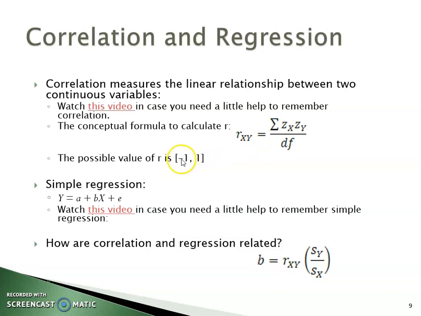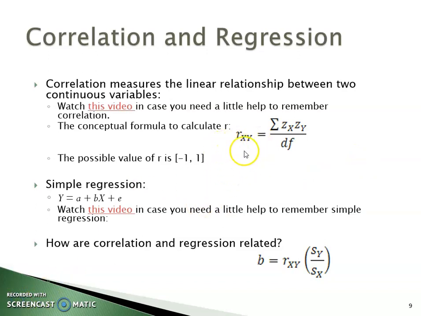It could be a negative relationship or positive relationship. It's the absolute value of the correlation value that shows you the strength of the relationship. The closer the correlation is to either -1 or +1, the stronger the relationship between the two continuous variables.